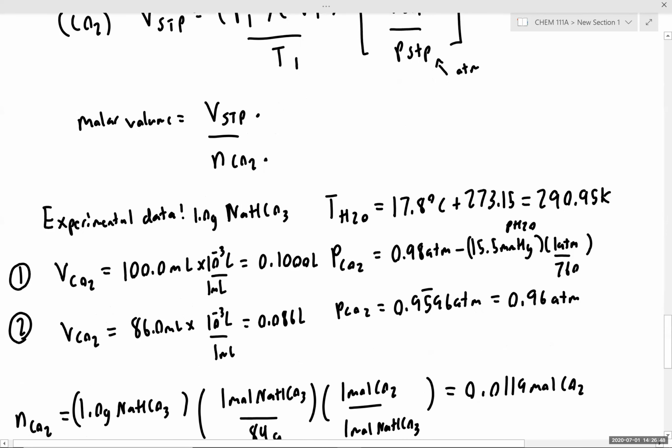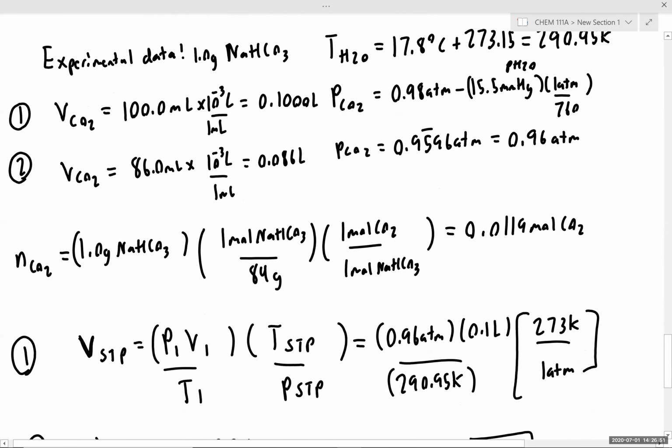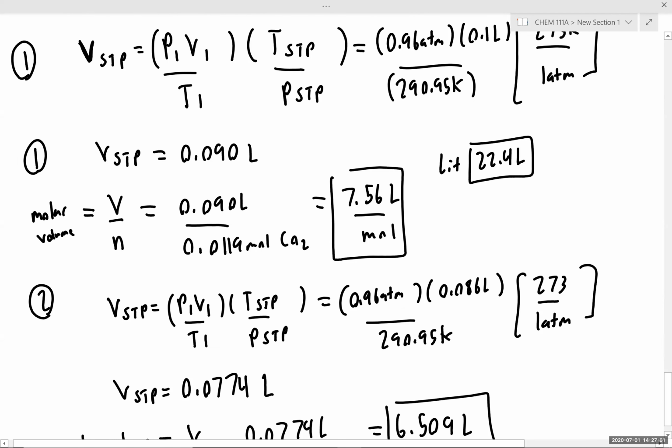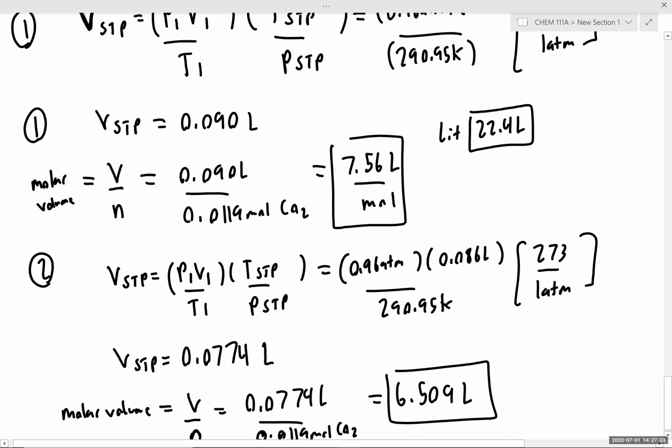We've executed this calculation for our trials for sodium hydrogen carbonate, and we've come to the conclusion that likely there was not enough water available for collection in the setup recommended by the lab manual.